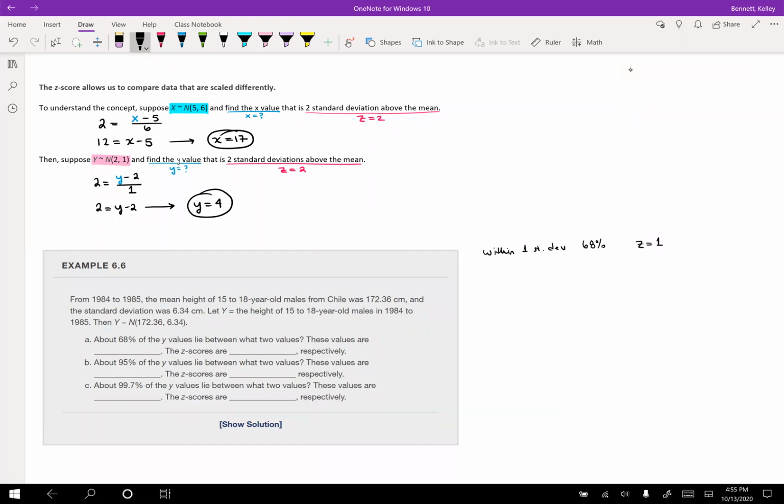So z equals 1. Within 2 standard deviations, I'm going to get 95%. Well, if I'm standard normal, 2 standard deviations just means I'm at 2. And within 3 standard deviations, I'm at 99.7%. But in a standard normal, this is just 3. So this is the case where we're looking at normal 0, 1. And then this is just in general.